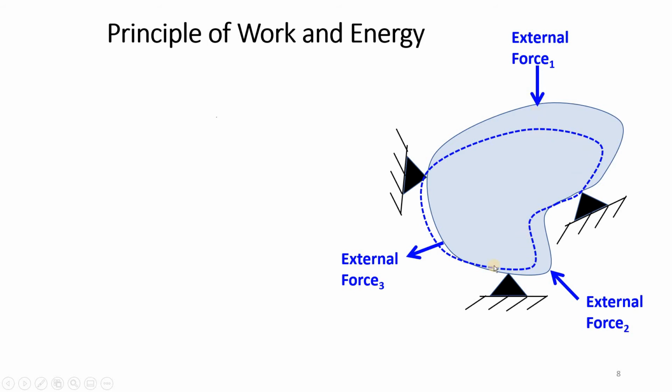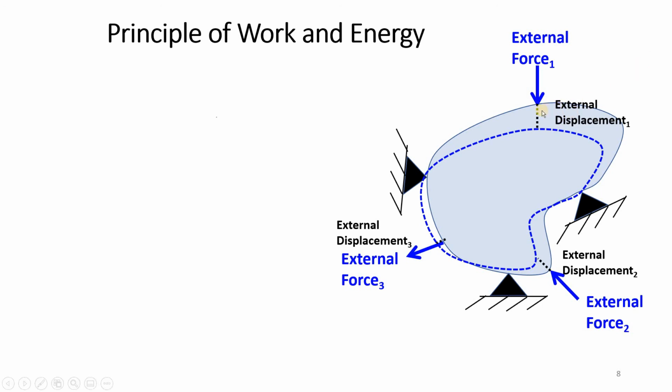If you can see, this is the deformed shape of the overall body. So any point on this body was initially over here, and then it moved to a new place. So this is what we call displacement. Displacement is basically just the change in position of the same point before and after application of the load. So some external displacements would be produced.